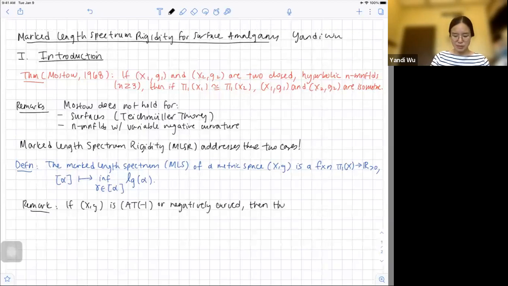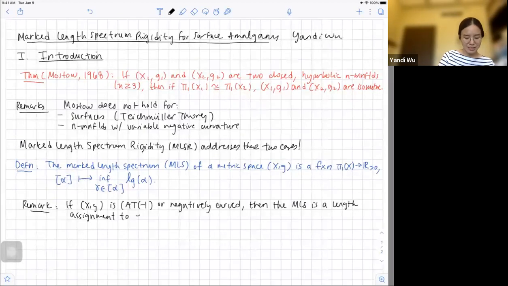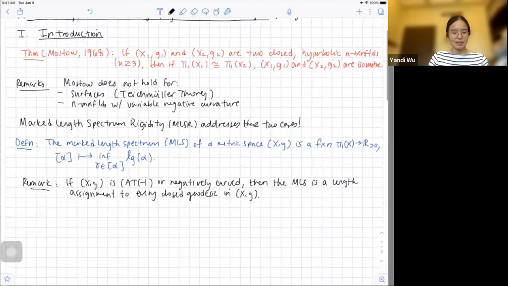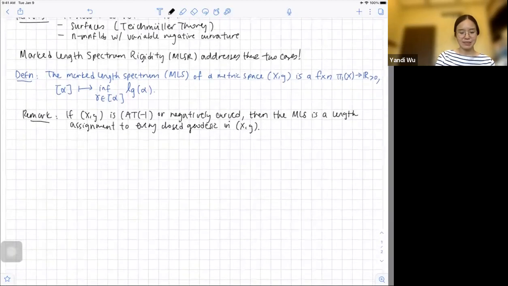So the marked length spectrum is a length assignment to every closed geodesic in your space. This is the definition that I gave in my abstract. I think it's a bit easier to work with. So that's the marked length spectrum.